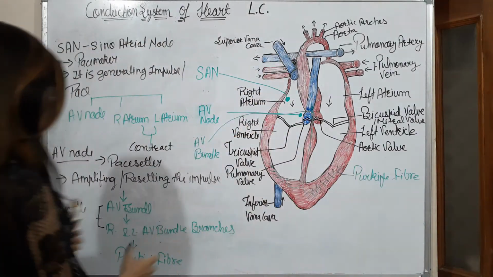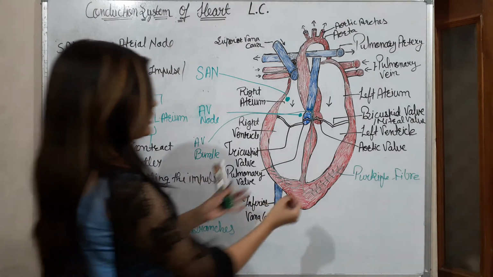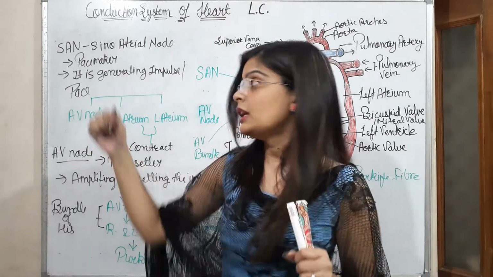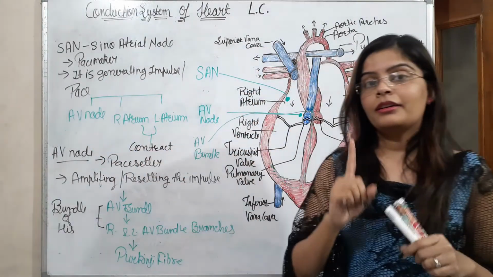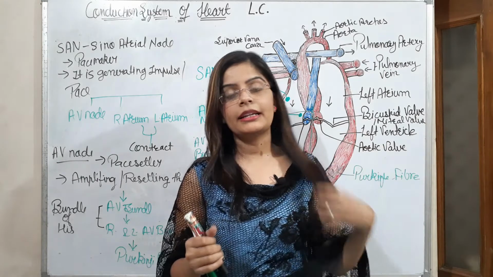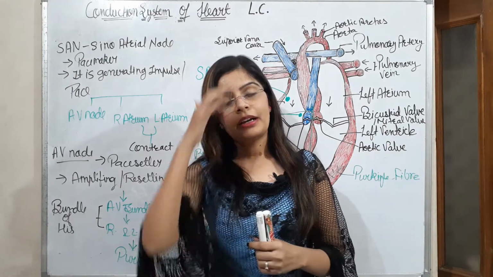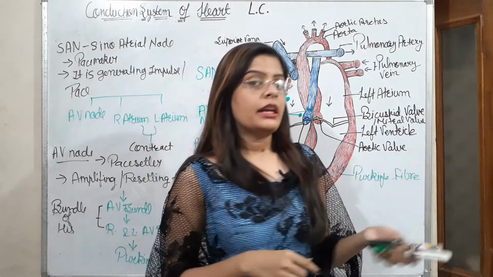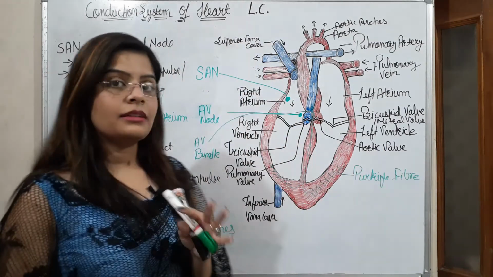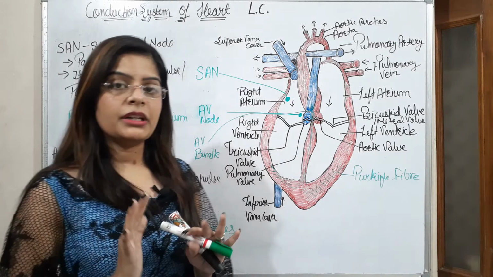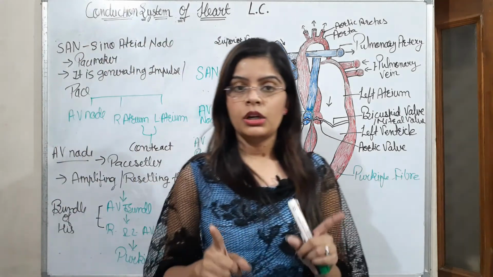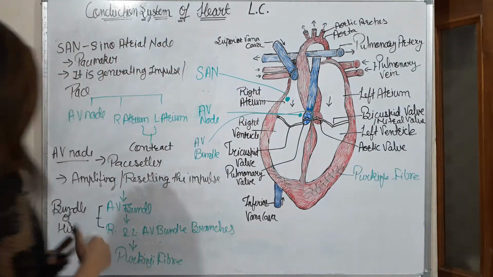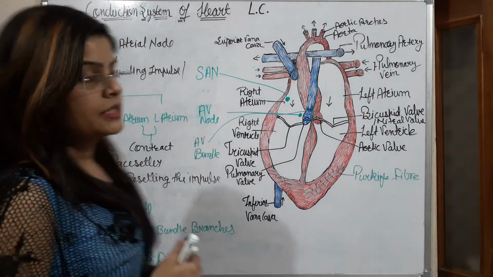Finally the impulse goes to the right and left ventricle muscle and they contract. First, by the SA node the right and left atria contract, and then the impulse goes from the SA node to the AV node, then the AV bundle, meaning the bundle of His, and then to the Purkinje fibers, by which the two ventricles, right and left, contract. So, this is all about the conduction system of the heart.